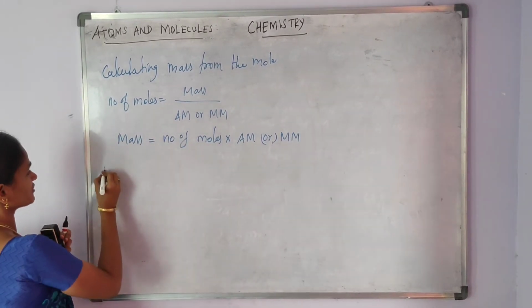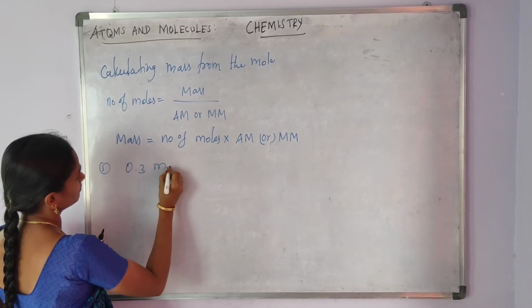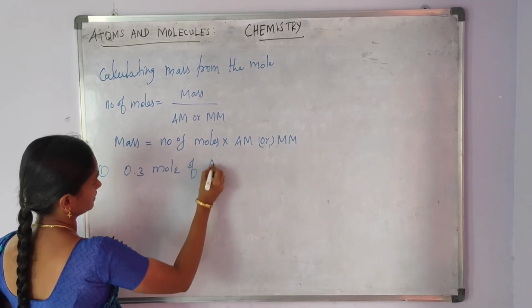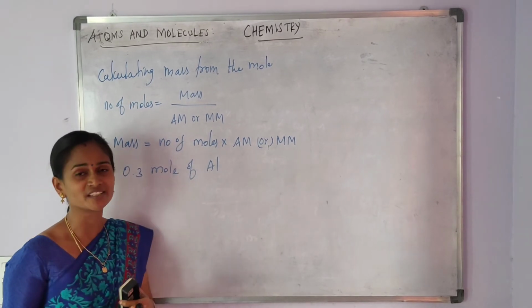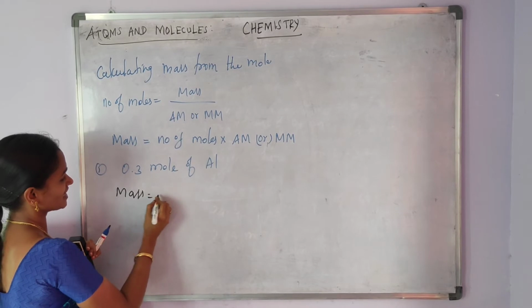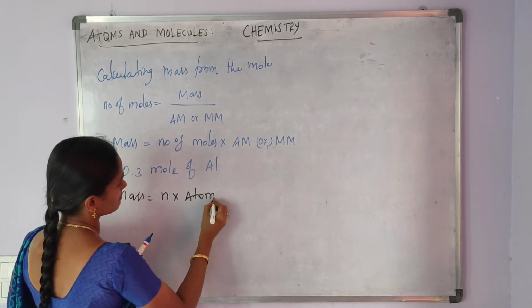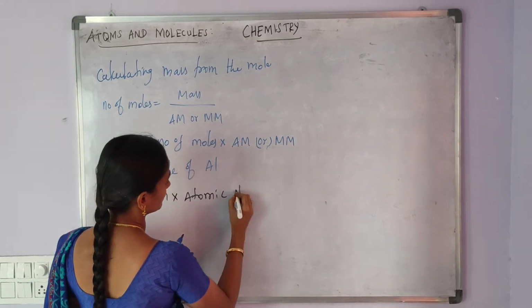The first one is 0.3 mole of aluminium. The formula is mass is equal to number of moles into atomic mass of the aluminium.